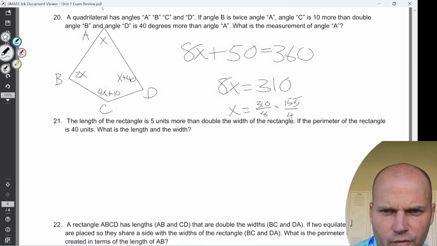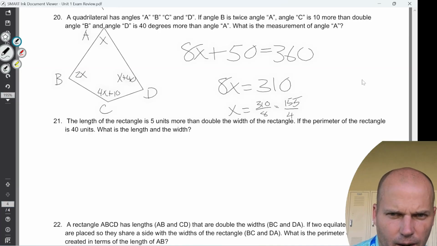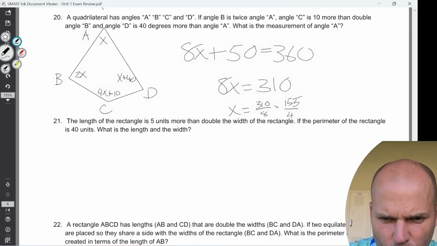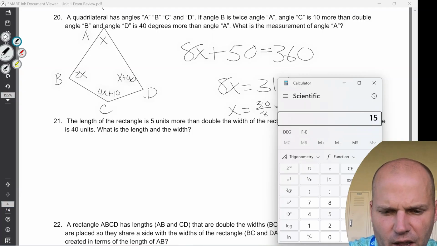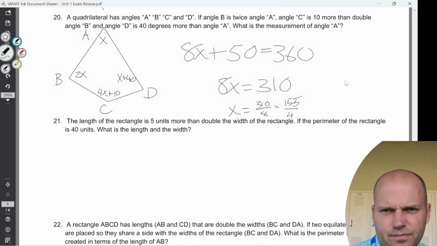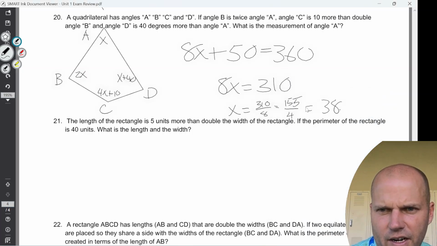All right, that's the best I could do: 155 fourths, and 155 fourths is 38.75. Great. Not a great number. If you have a calculator, please bring it.